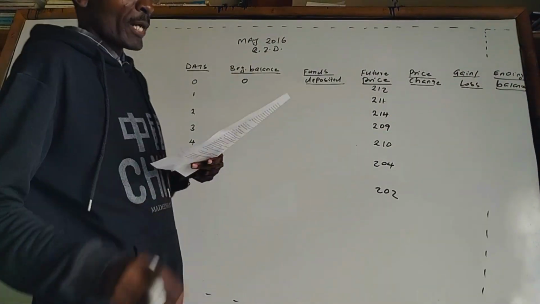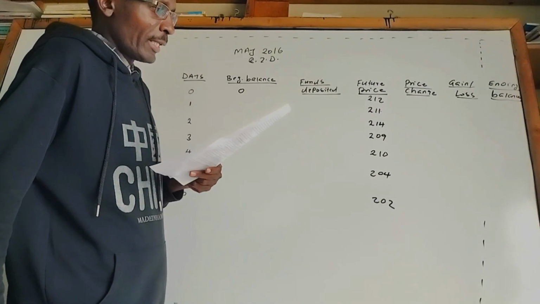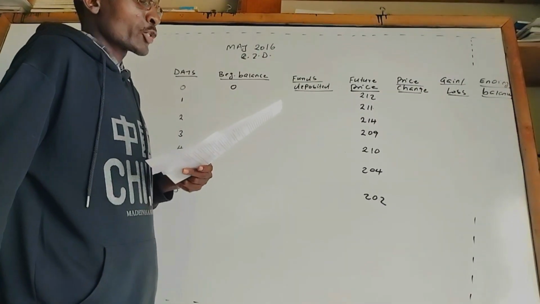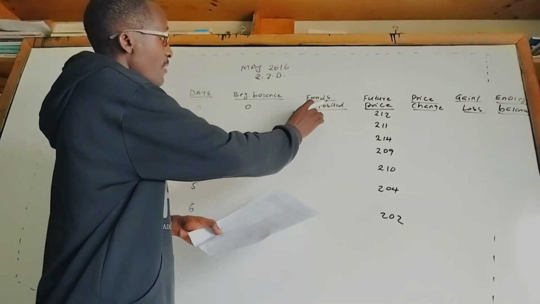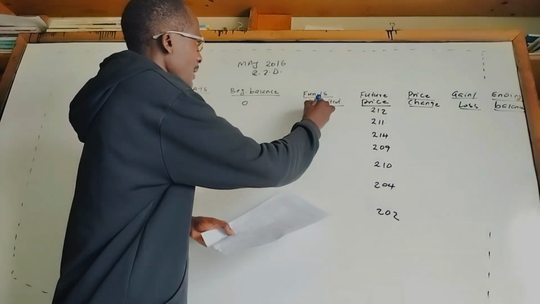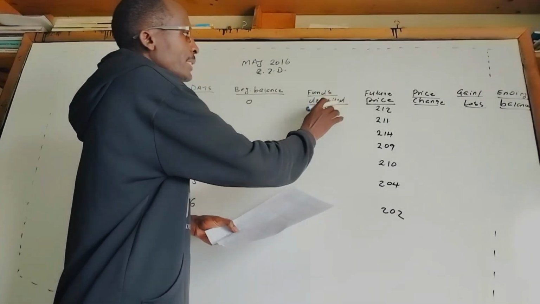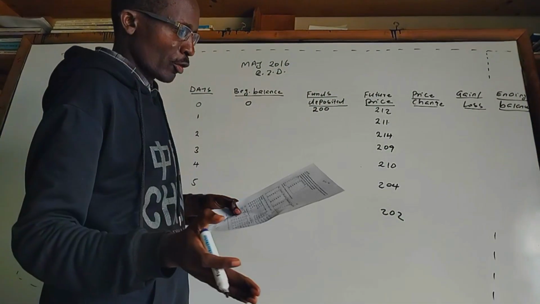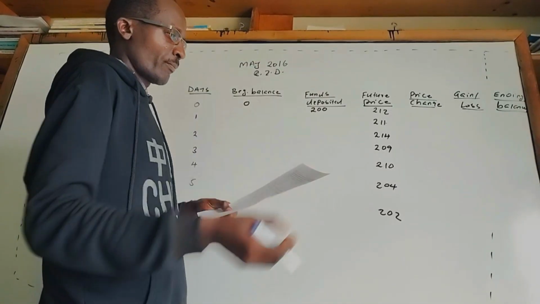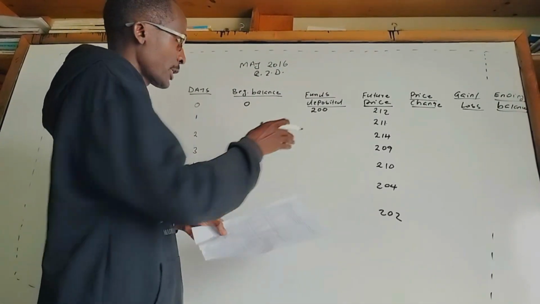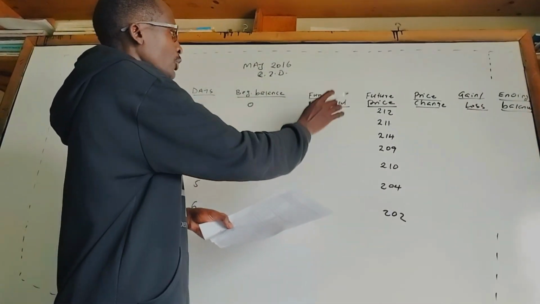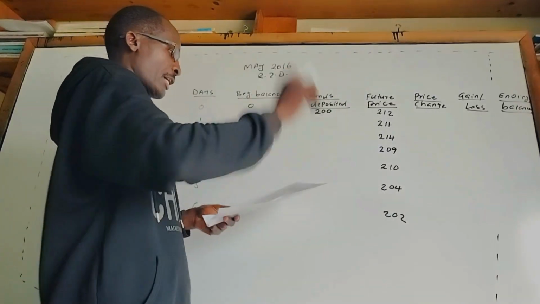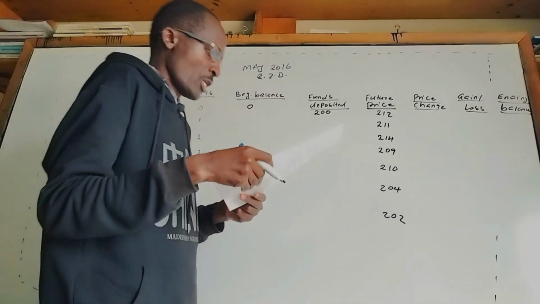If the initial margin requirement is 10 and there are 20 contracts, then the funds deposited at the start is 200. So that is 20 contracts times 10, that is 200.